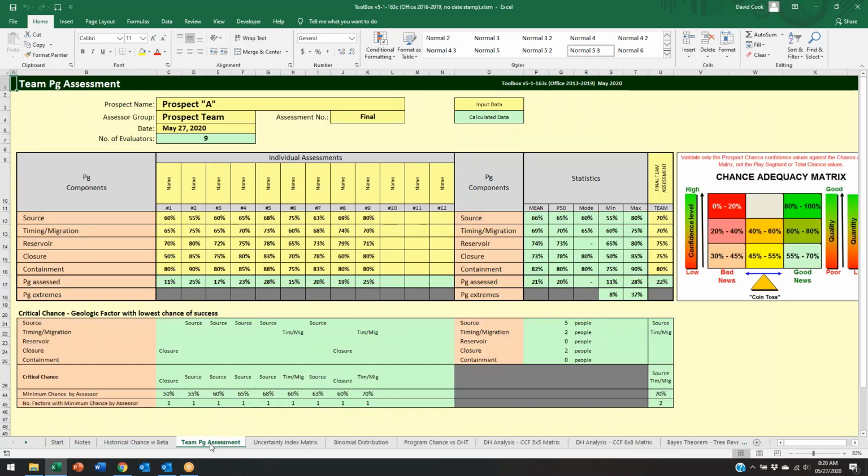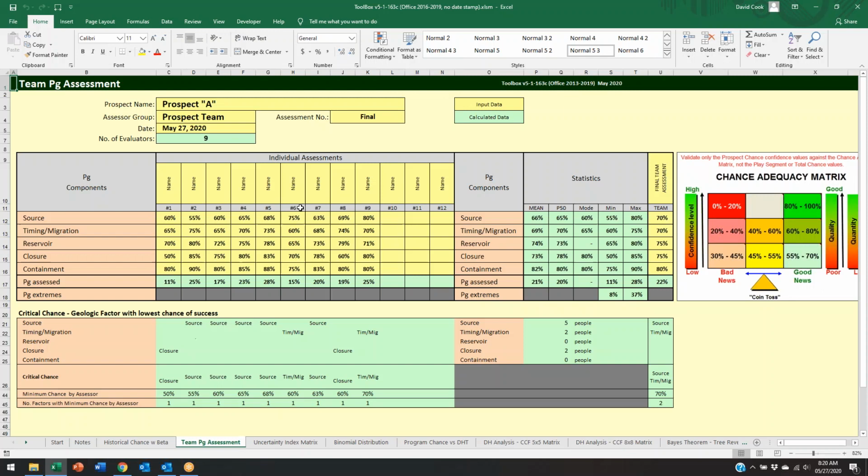Next, there is a team piece of G assessment worksheet, which allows you, if you use a team process of gathering independent views as to what is the likelihood associated with the chance for each of the individual components.